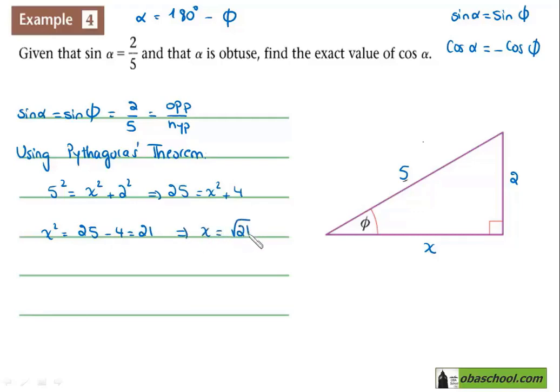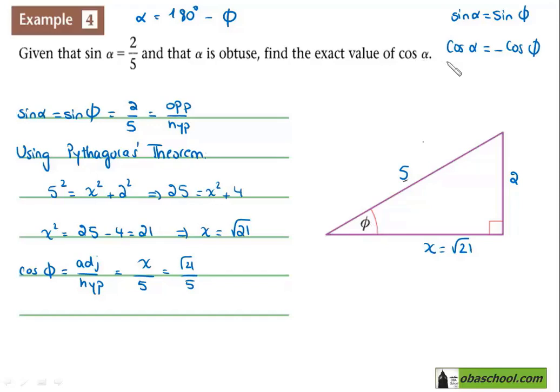So x is the positive square root of 21. Cosine phi is adjacent over the hypotenuse, which is x over 5. We know that x is the square root of 21. So, square root 21 over 5. This is cosine angle phi, which is acute.